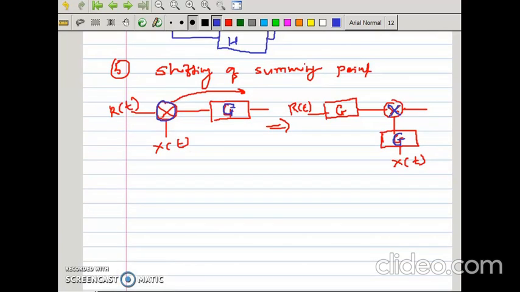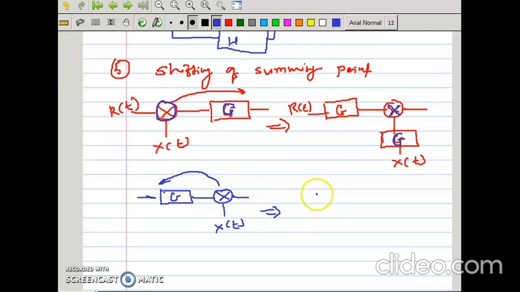Suppose the summing point is already after the block, and this is X of t, and we want to shift it before the block. What to do?